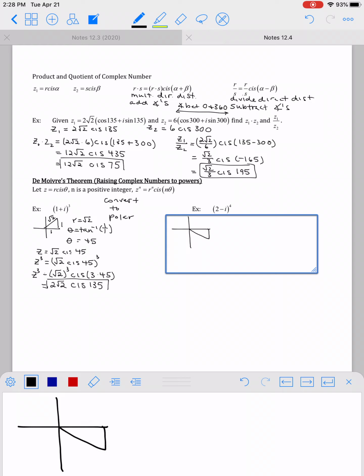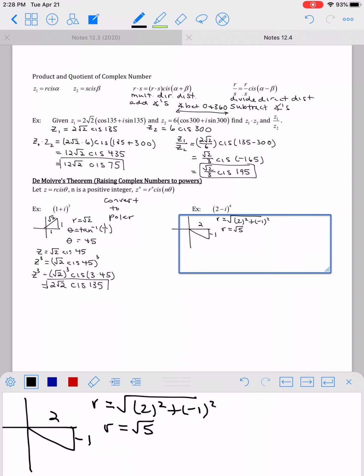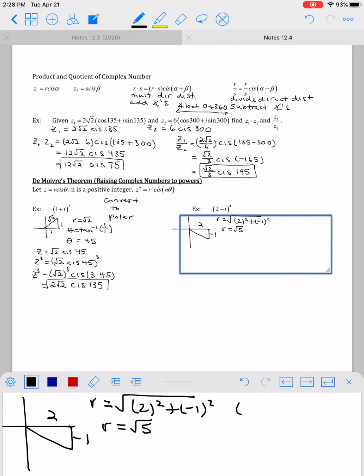Okay, next example. We'll draw a picture. This one is 2, negative 1. So my r is the square root of 2 squared plus negative 1 squared, so r is the square root of 5. Now we're going to find the angle. Theta equals inverse tangent of negative 1 over 2.